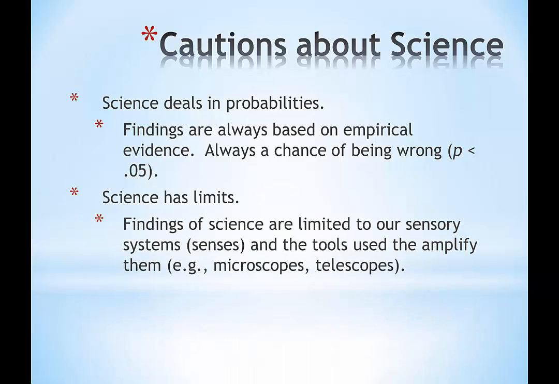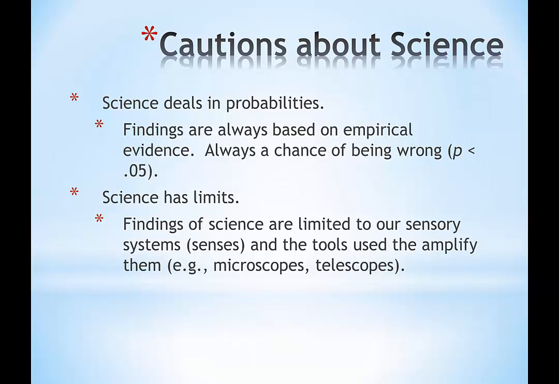Science clearly has limits. We're only as good as our sensory tools and those technologies that we have to augment them. In other words, we can only see out into the galaxy with the strongest telescope available. We can only see the smallest part of neuronal functioning in an axon with the best microscopes available. And so we have to rely on our sensory systems to see and observe and take in the world around us.